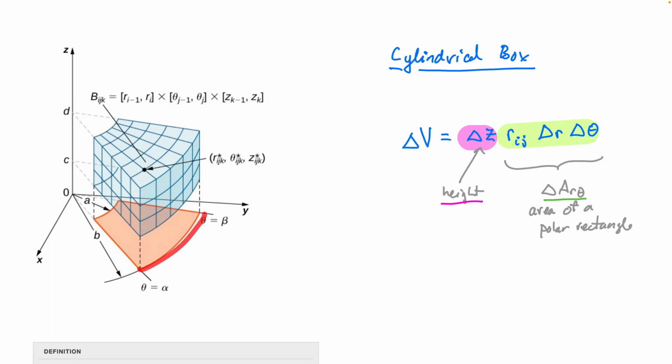So to take an area measurement measured in polar coordinates and multiply that by a height variable will give you a volume measurement. So for this cylindrical box, we can find volume measurements by looking at these computations.